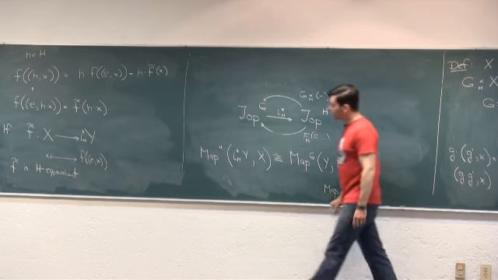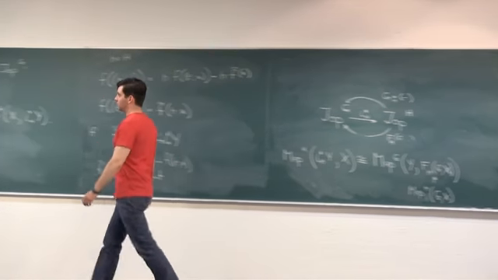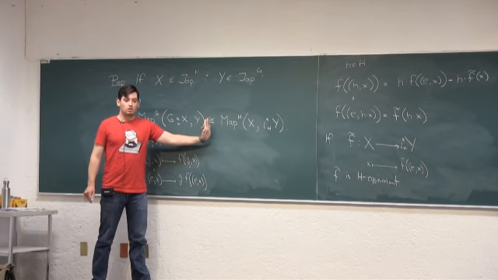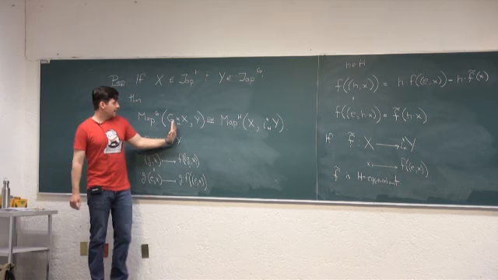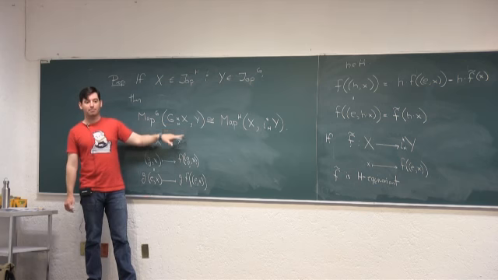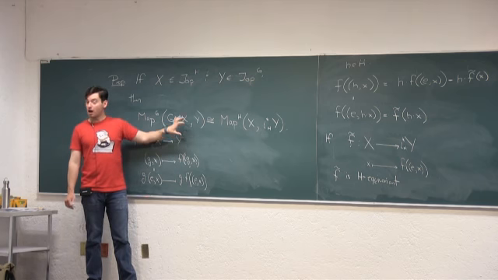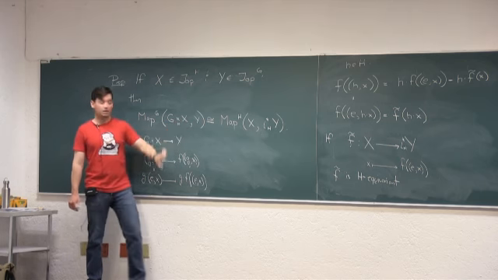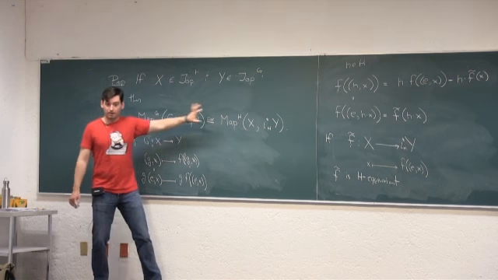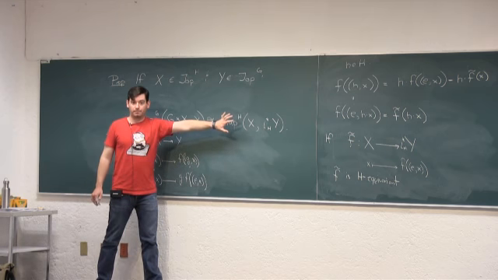I'm also sweeping under the rug here, though it's not difficult. These bijections are what are called natural bijections. So in other words, if I have a map between two H spaces, that induces for me a map on the corresponding Hom objects over here, and a map on the corresponding Hom objects over here, and the obvious diagram I would write down commutes.